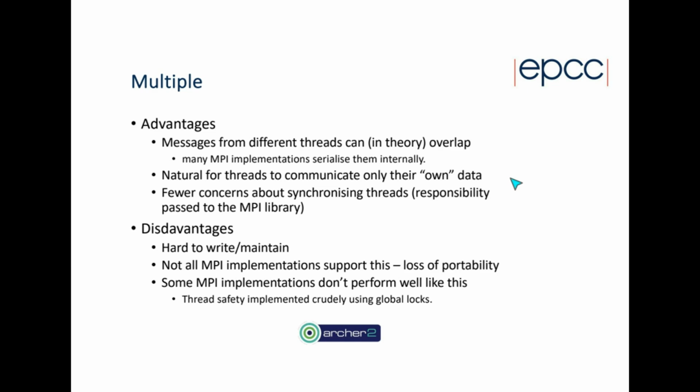It now becomes easier to arrange for threads to be computing and communicating the same bits of data. And now we've got fewer concerns about synchronizing threads because we've thrown the responsibility for that over the wall into the MPI library. Downside, yeah, this is hard to write and maintain. There's potentially some loss of portability, and MPI implementations don't tend to perform terribly well like this because the thread safety is internally done fairly crudely.